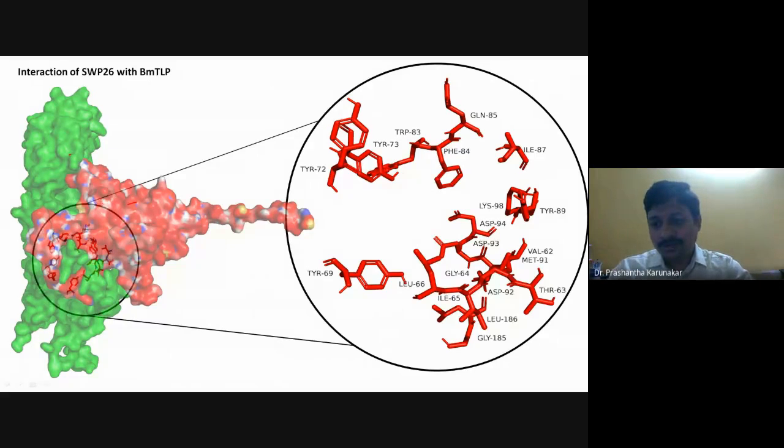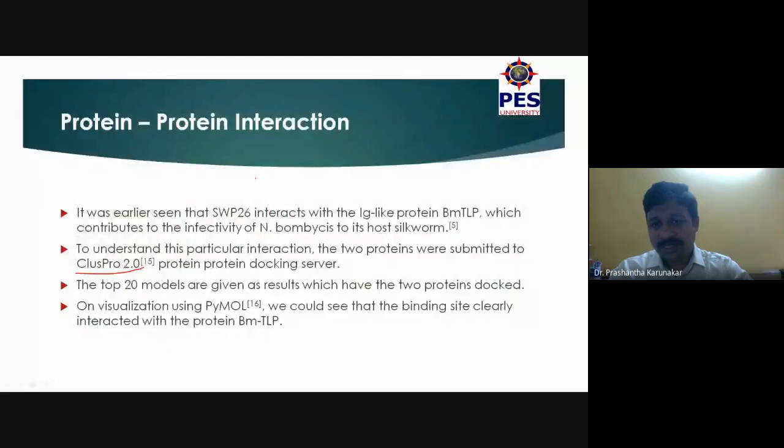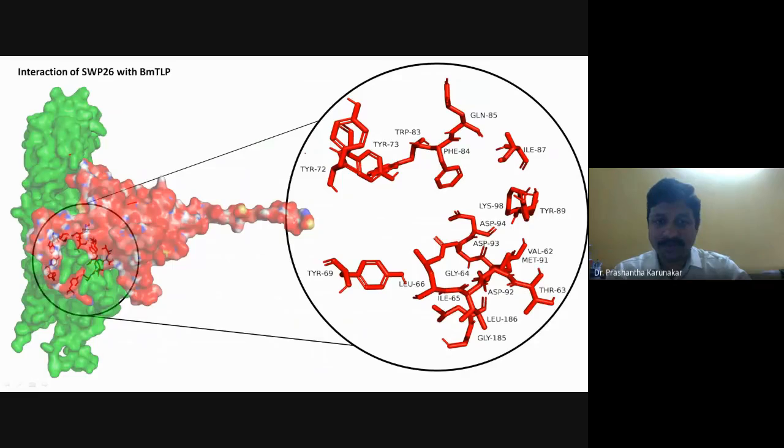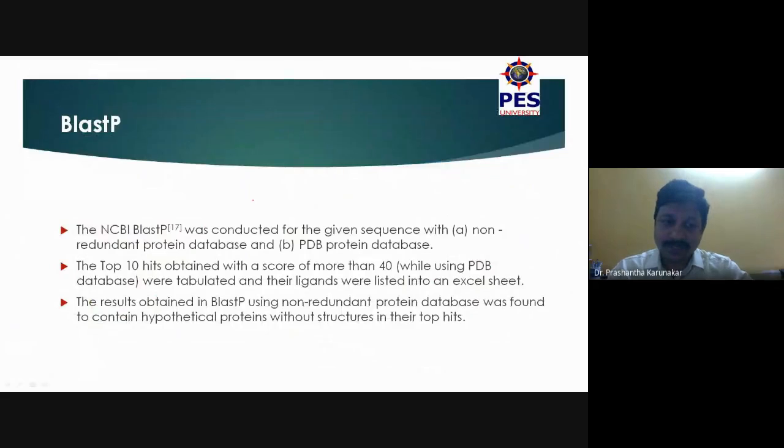So we will get to know the region where the interaction is there between BMTLP and SWP26, and whether those residues and these predicted active site or binding site residues are overlapping or are different. That is what we will get by performing the protein-protein interaction. Is it the same site where this protein is also going to bind? That we will get to know.